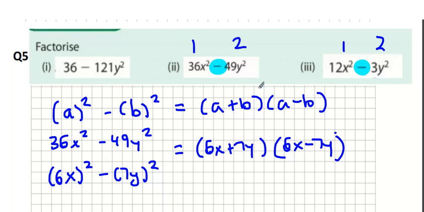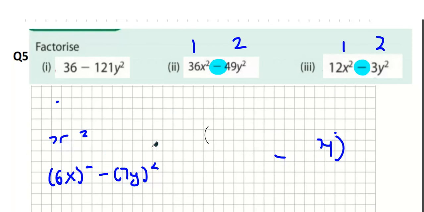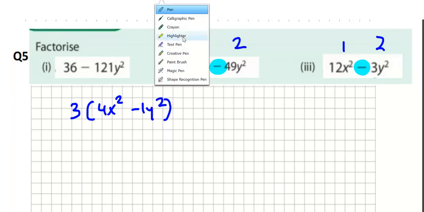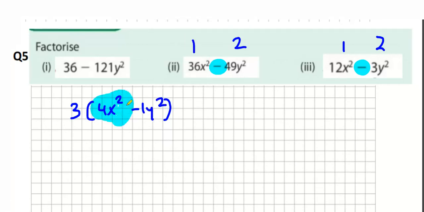Can anyone tell me what the next steps are? Really tough. Yeah. So what do we get here, guys? 3 into. Yeah. Minus 1y squared, isn't it? Yeah. Now, lads, we're going to focus on this part here. Everybody see this part here?